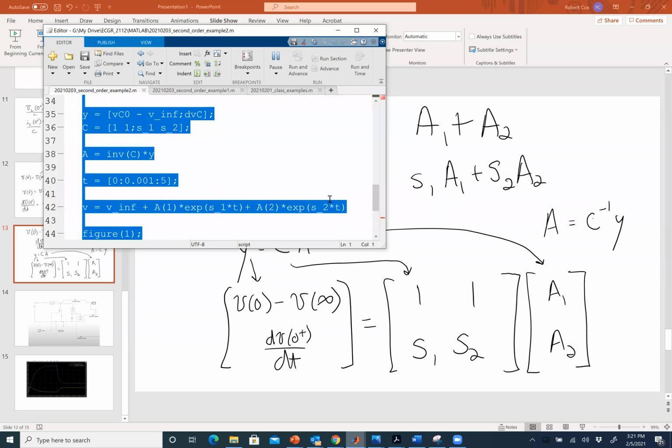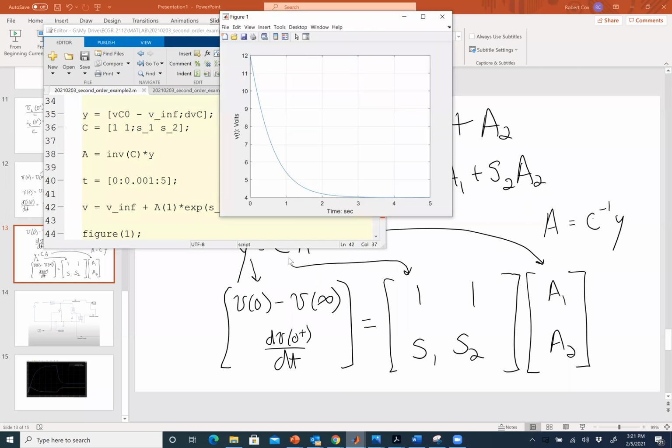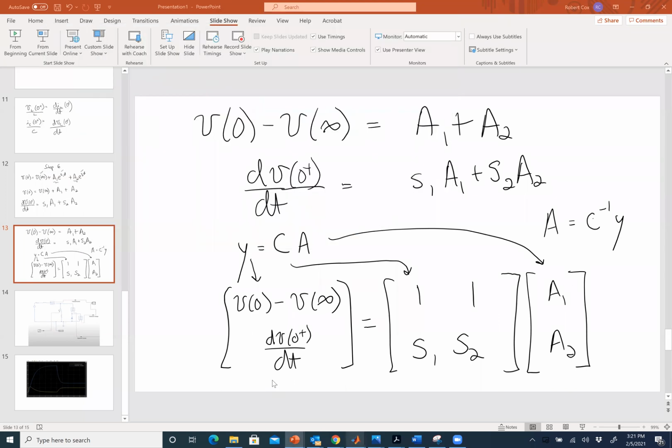I'm not understanding this matrix too well. You're not understanding how it was created? Not really. If you don't understand how it was created, that's okay. Do it whatever way you want. You're not obligated to use this approach.